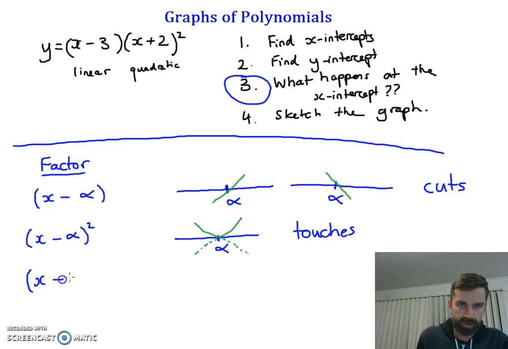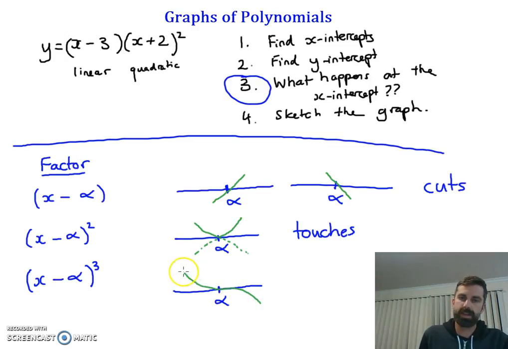Now, this is where we're going to add in something a bit new. If we've got (x take alpha) cubed, then when we graph this, what it's actually going to do is something that we call an inflection. So it's going to come down, flatten out, and then keep going, but the curve is going to switch the way that it's curving. So this is curving down and flattening out horizontally.